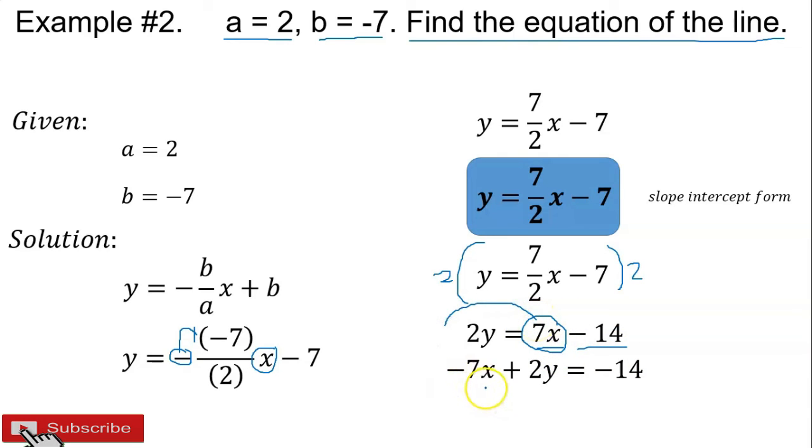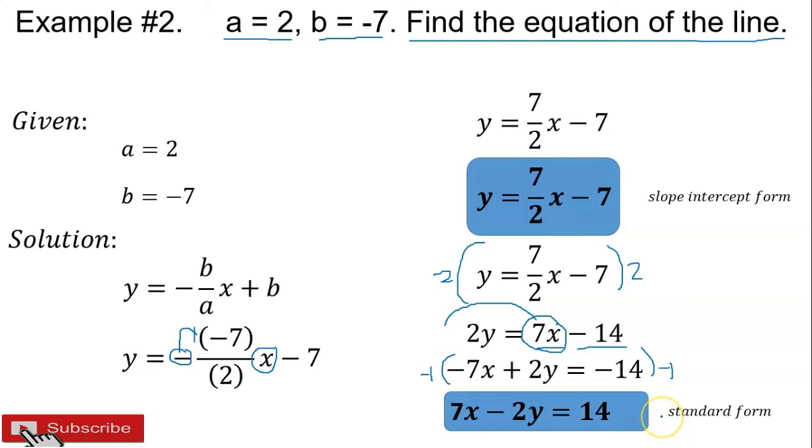So it becomes negative 7x plus 2y is equal to negative 14. Multiply ko lang po ng negative 1 on both sides para maging positive yung aking value ng a. So 7x minus 2y is equal to positive 14. And this is now our standard form.